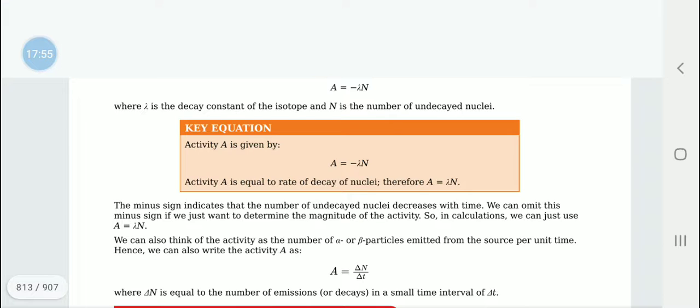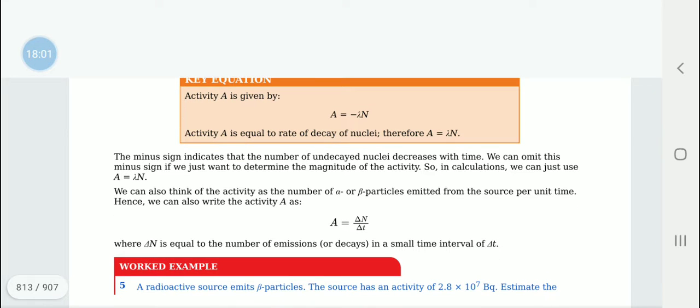If you want to figure out only the magnitude of the activity, you can disregard the negative sign, but if you think of the whole concept, then you have to use the negative sign as well.